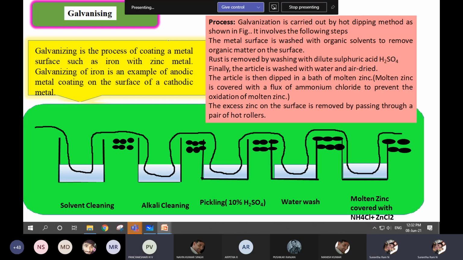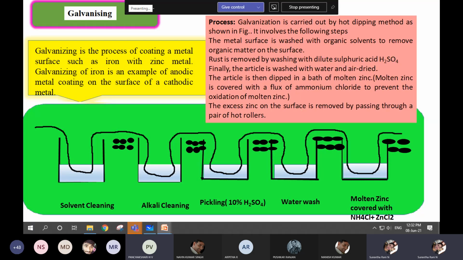Ma'am, what was the planned topic here? Galvanizing only, sir. Today only I started. Okay, galvanization only. So there is no difference between the planned and actual? No, sir.